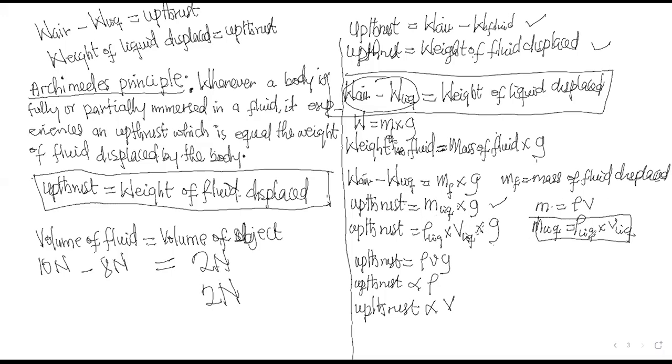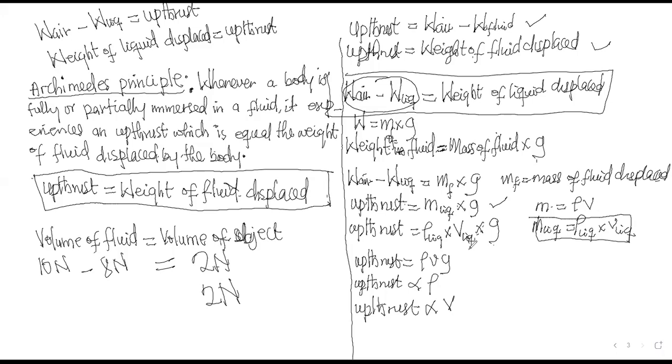So we can say that the mass of the liquid displaced equals density of the liquid times volume of the liquid displaced, so that upthrust is equal to density of liquid times volume of liquid displaced times gravity. Are you okay?